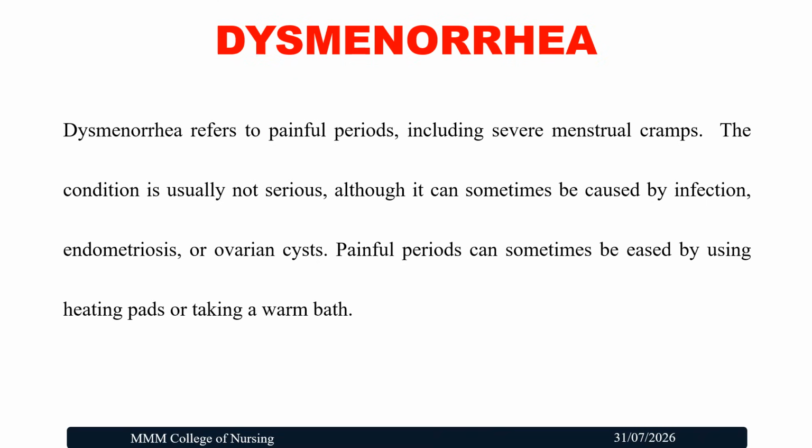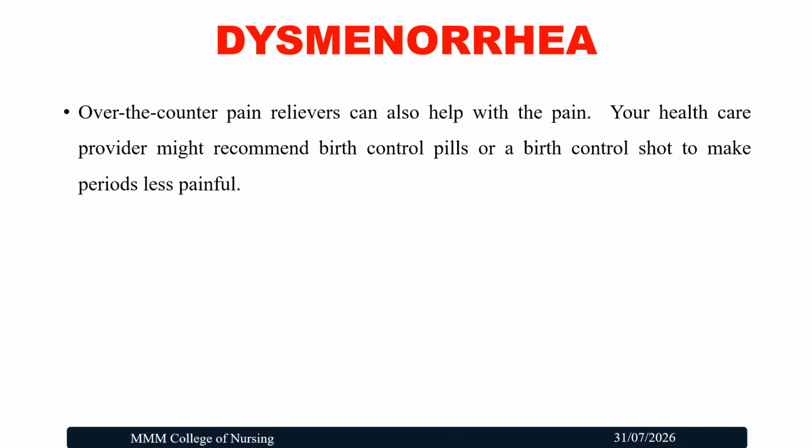Painful periods can sometimes be eased by using heating pads or taking a warm bath. Over-the-counter pain relievers can also help with the pain. Your healthcare provider might recommend birth control pills or a birth control shot to make the periods less painful.